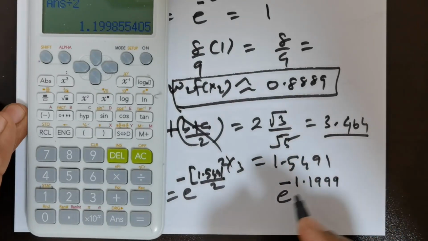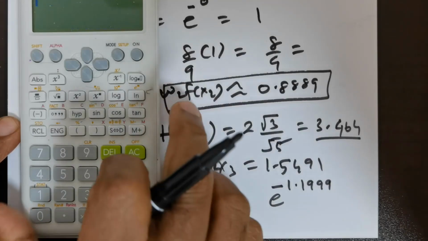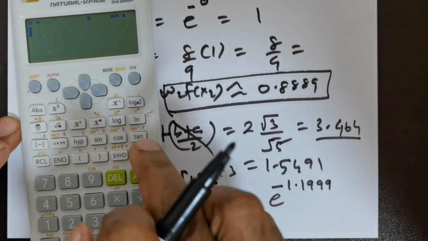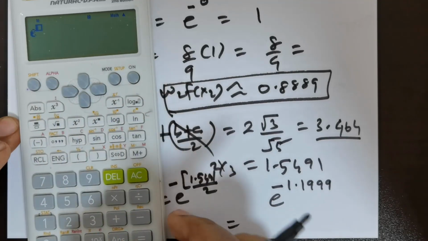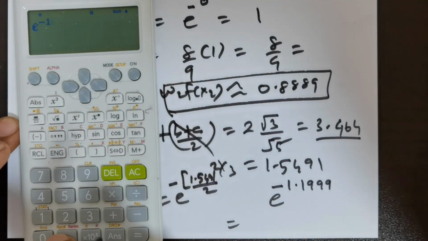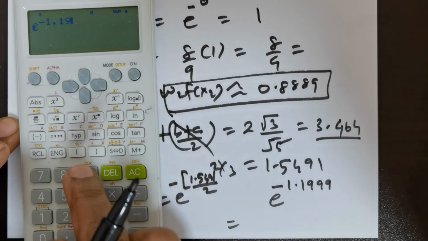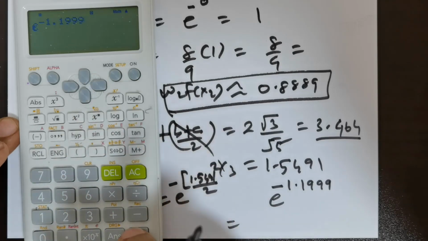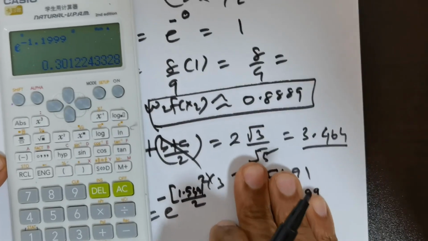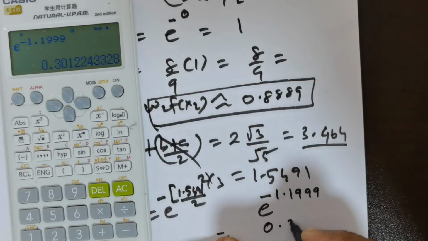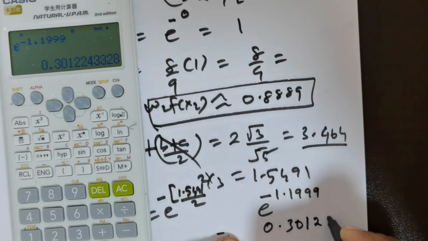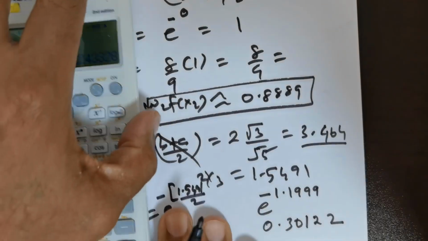Okay, let me see what value I'm getting. So this is going to be e raised to the power of negative 1.1999, and this is going to be 0.30122.